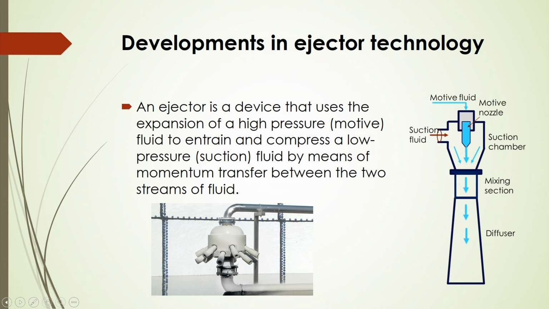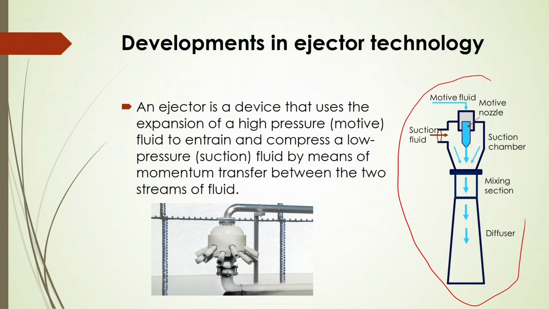So, what is an ejector? We can define an ejector as a device that uses the expansion of a high pressure fluid to entrain and also compress a low pressure, that is suction, fluid by means of momentum transfer between the two streams of fluid.